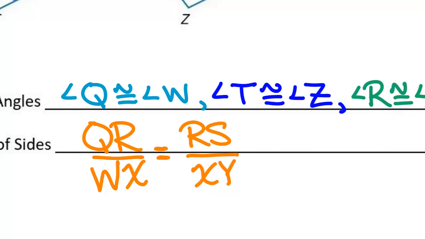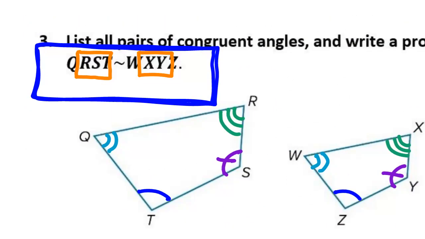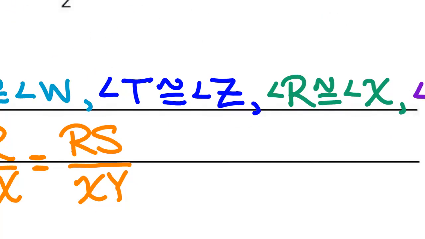Those two fractions would come out to be exactly the same because these figures, sorry, I called them rectangles earlier, these four-sided figures, these quadrilaterals, are similar. All right, I'm going to keep moving those little boxes over. What would my next fraction be? ST over YZ.